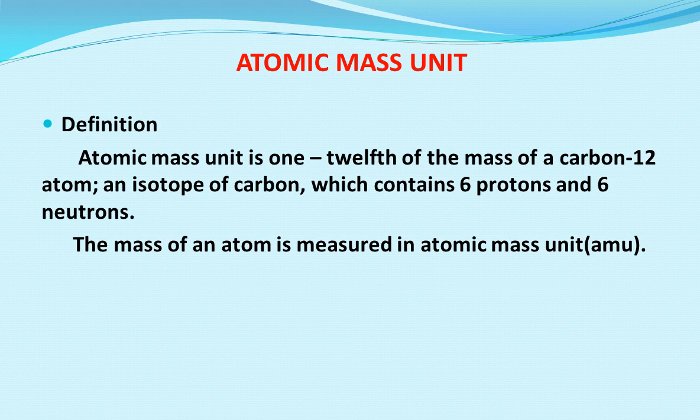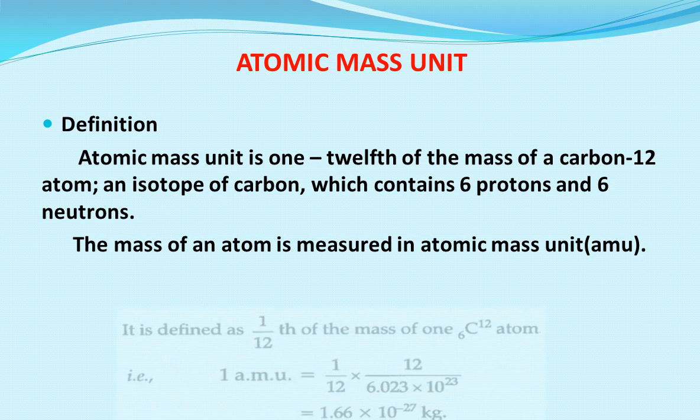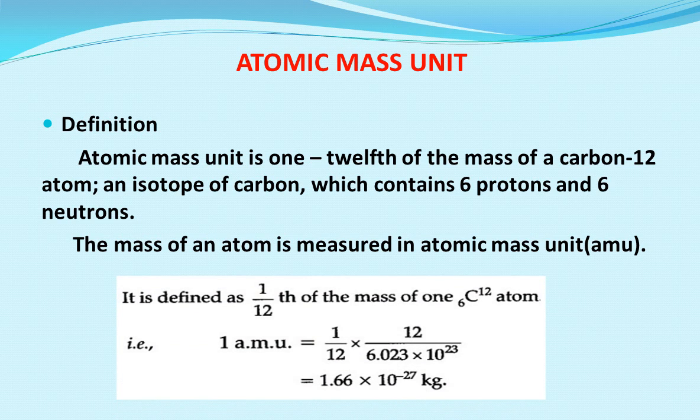Where do we use this? 1 atomic mass unit is equal to 1/12 of the mass of carbon-12, that is 12 divided by 6.023 into 10 to the power 23, the Avogadro number. So 1 atomic mass unit is equal to 1.66 into 10 to the power minus 27 kg.